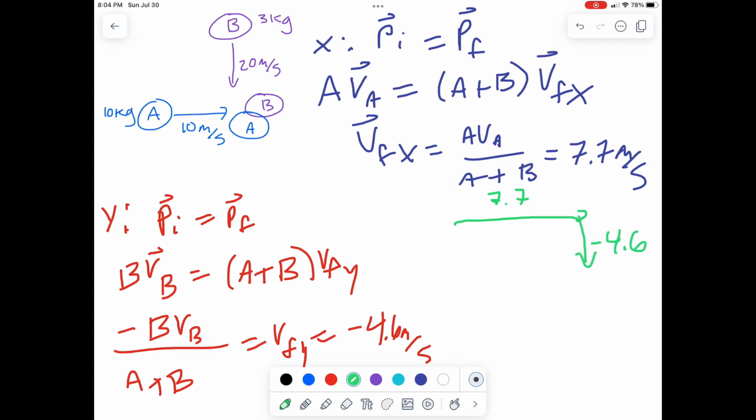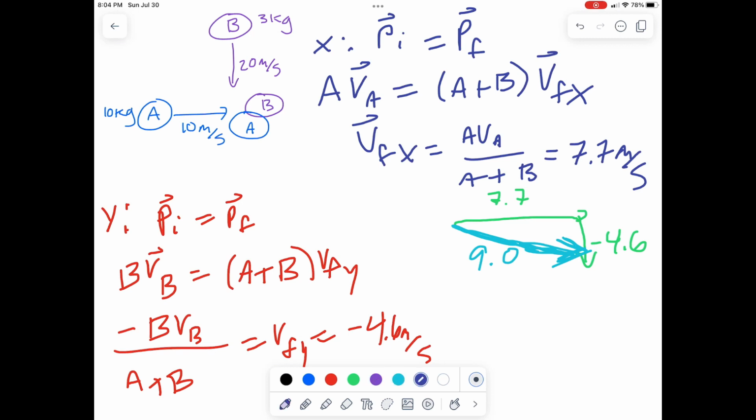So this is going to be my resultant right here. All right, so if we do our Pythagorean theorem, we get that, so we have 4.6, 7.7. We get that our resultant is equal to about 9.0 meters per second.